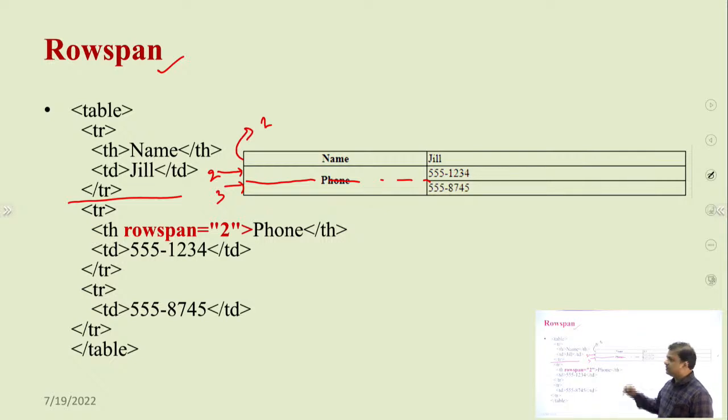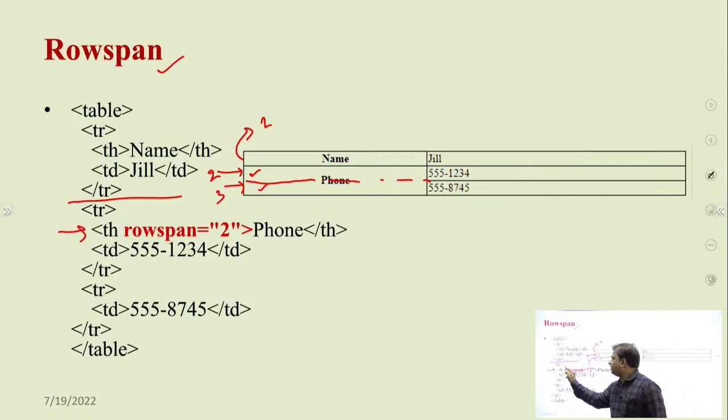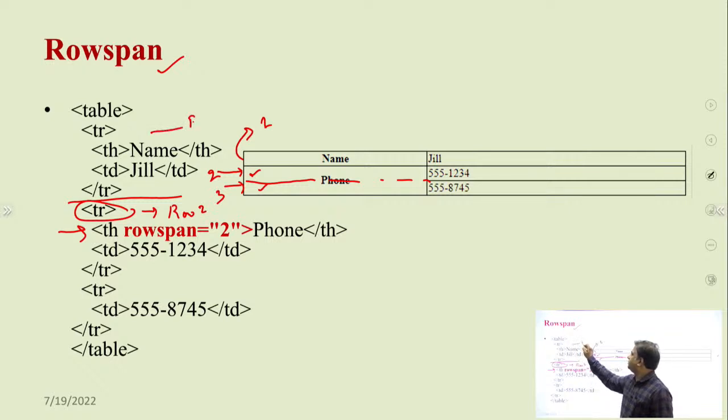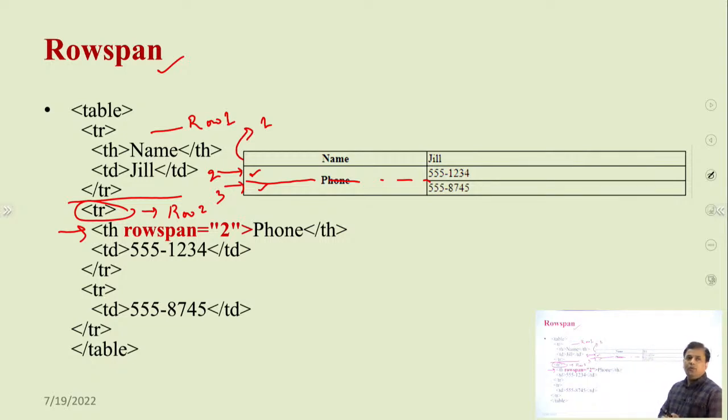It will start with the second row. If I want to merge rows 2 and 3, I will write the row span at row number 2. You have to identify where you want to start the merging of the rows. So this is my rowspan equals 2.